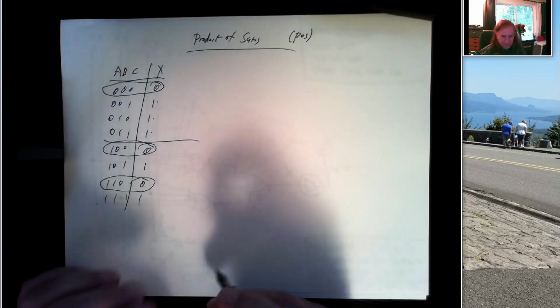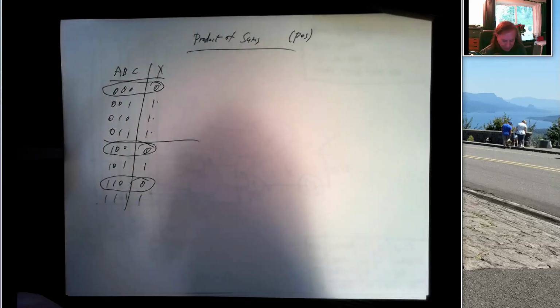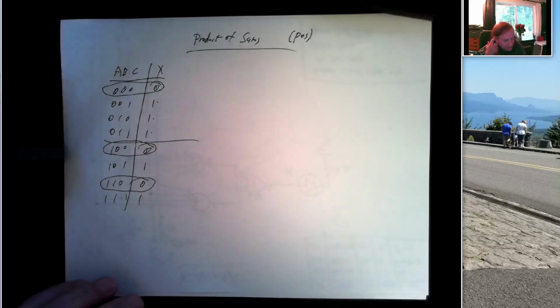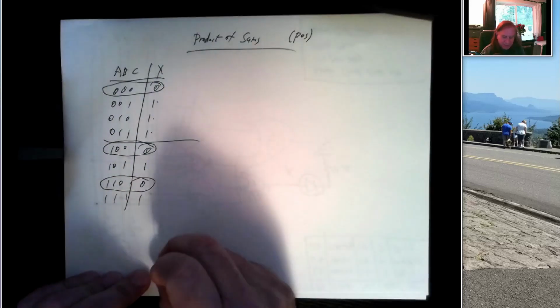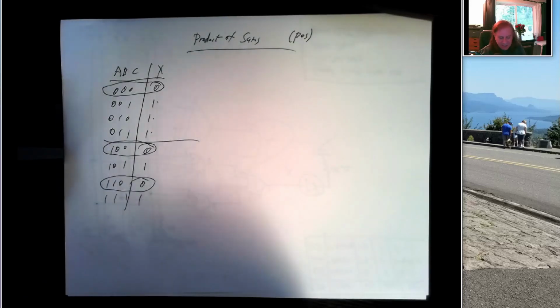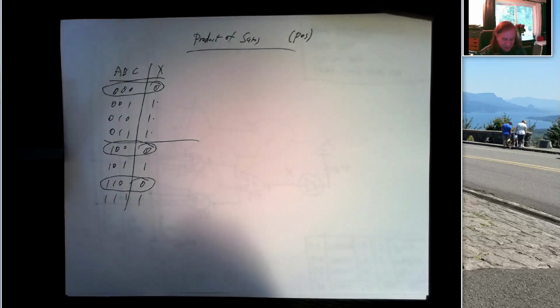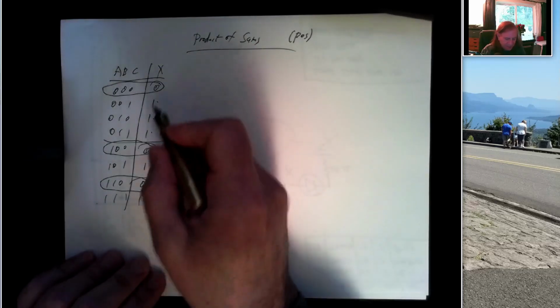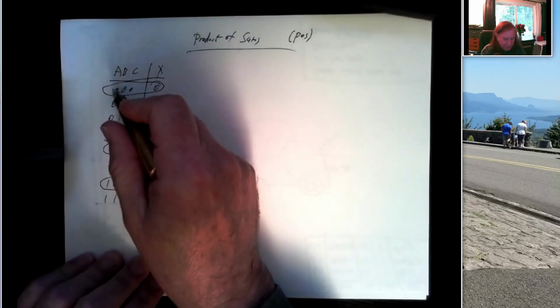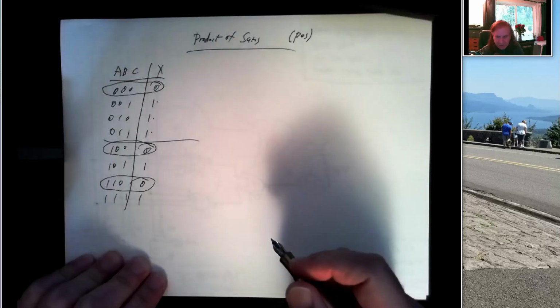This is the same approach that we followed for sum of products. We're picking out particular terms from our truth table, finding expressions, and combining those. But this is going to be kind of a backwards version of that, or an inverted version, if you like. So let's find an expression which is 0 when A, B, and C are all 0.